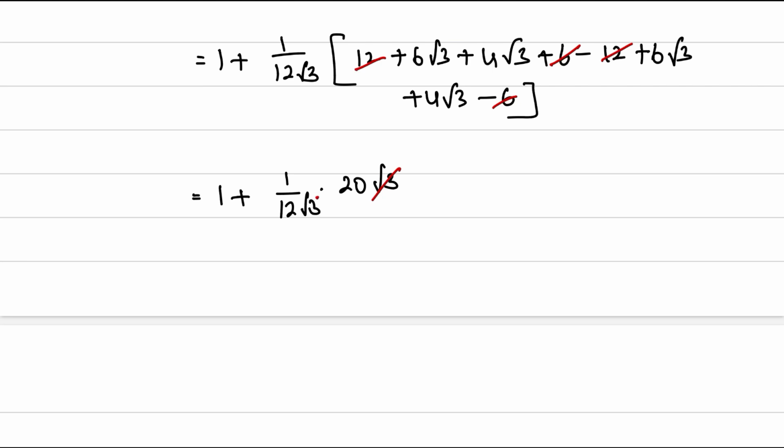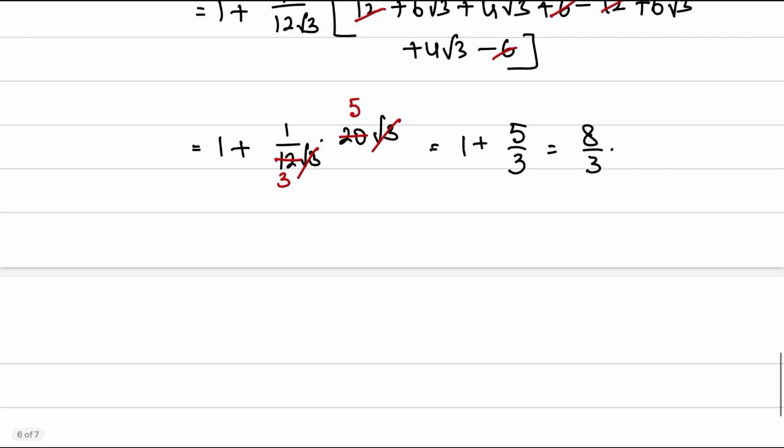Root 3 gets cancelled, and 4 threes are 12, 5 is 5 by 3. Then it becomes 1 plus 5 by 3, that is equal to 8 by 3. This series is converging to a value of 8 by 3.